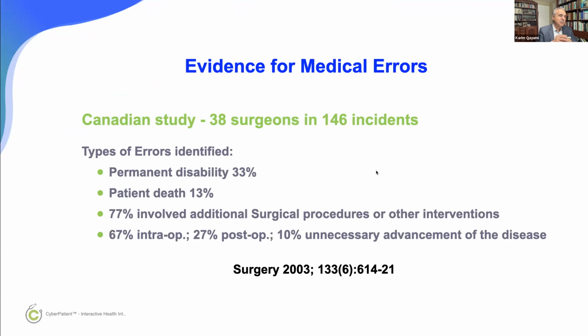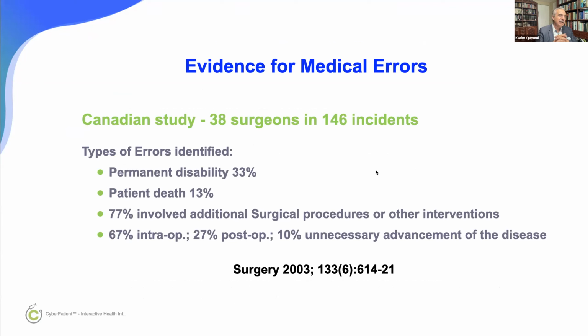This statistic was published in the Journal of Surgery. Because I'm a surgeon by profession, I thought I'm going to say that surgeons are not better than any other doctors and actually worse than any other doctors with respect to medical errors.